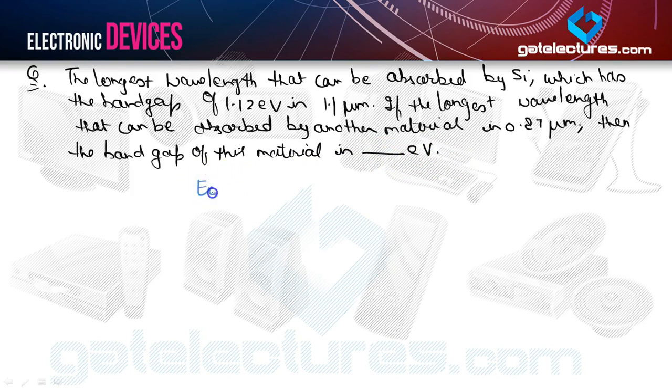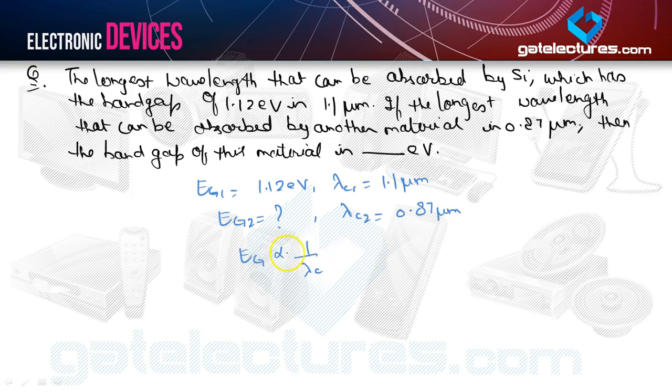Since we are given Eg1 as 1.12 electron volt and lambda c1 as 1.1 micrometer, we need to find Eg2 when lambda c2 given to us is 0.87 micrometer. So we use the relationship that Eg is inversely proportional to lambda c. So Eg2 by Eg1 is lambda c1 upon lambda c2.